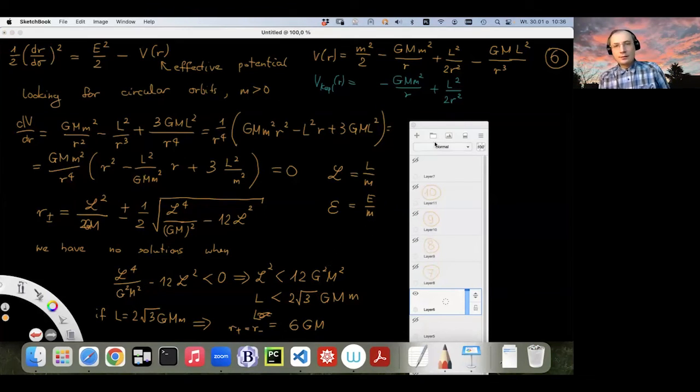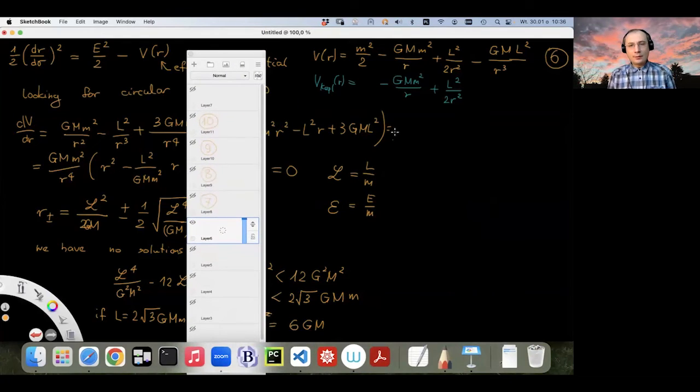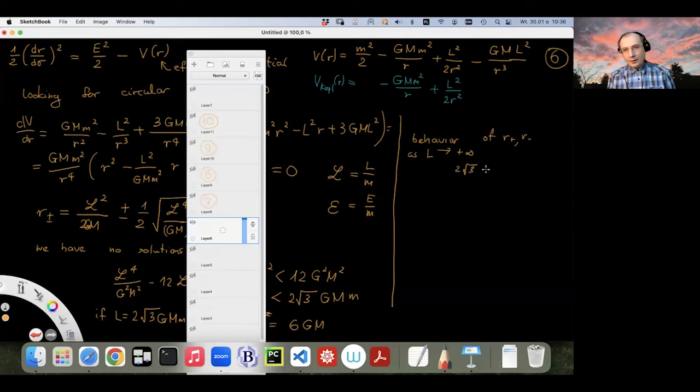Okay, let's talk a bit more about the behavior of R plus and R minus as L goes to plus infinity or to 2 square root of 3 GMm.